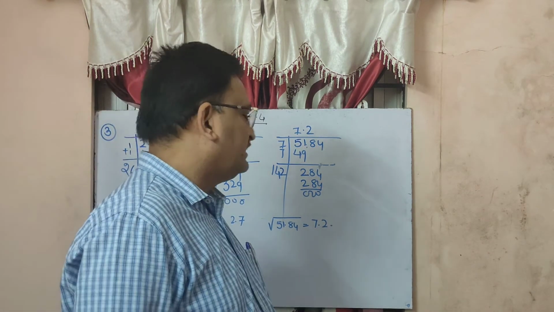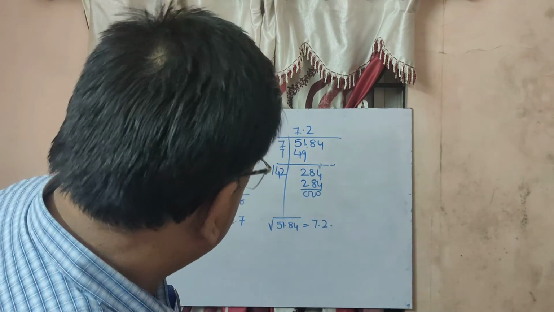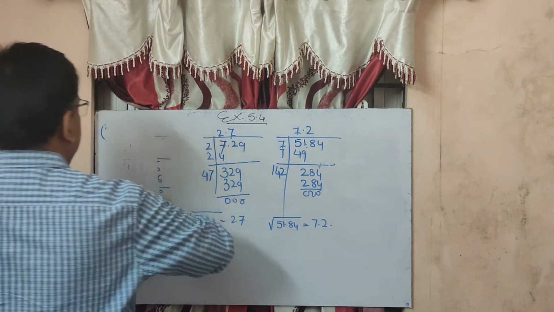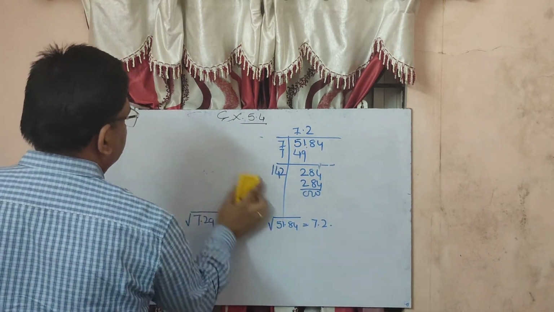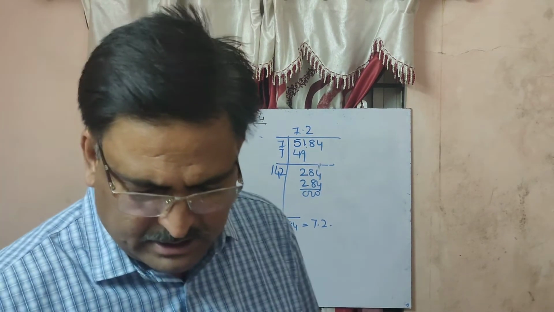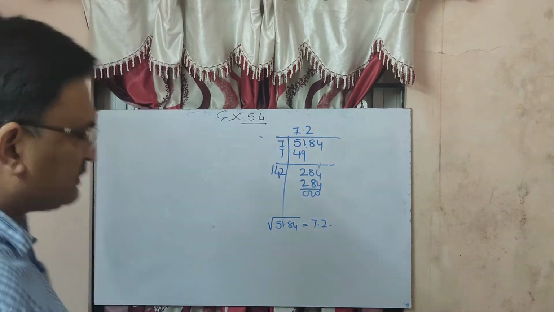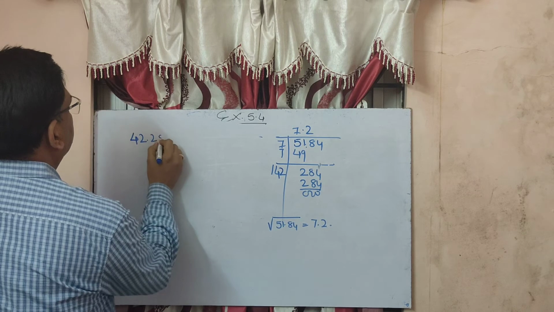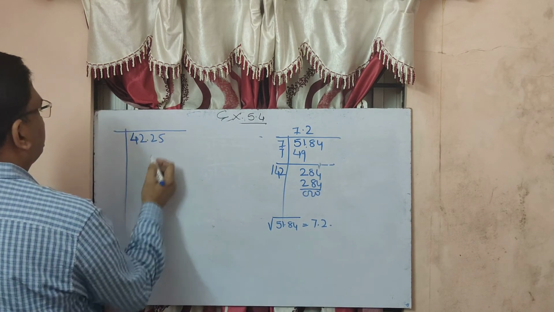So this is the way how to calculate the square root of any number. Now let us do another example. So I am trying to solve as many examples so that you will have no problem. 42.25. The next point is 42.25. Same thing, four numbers, even number.